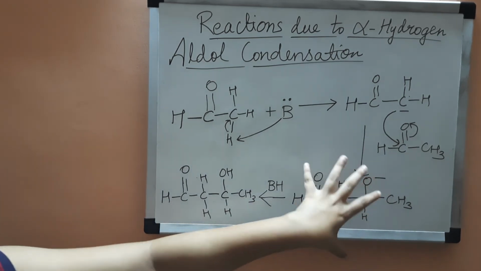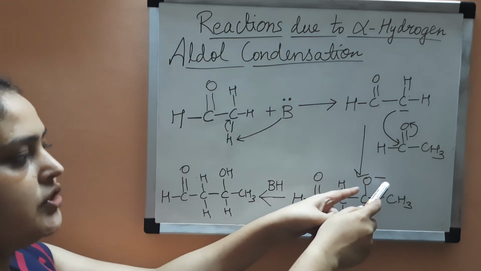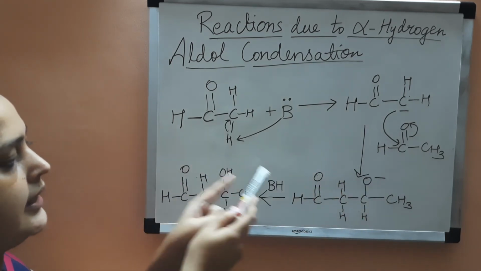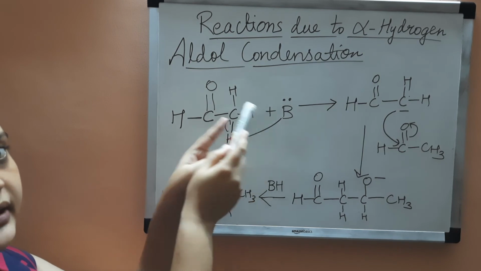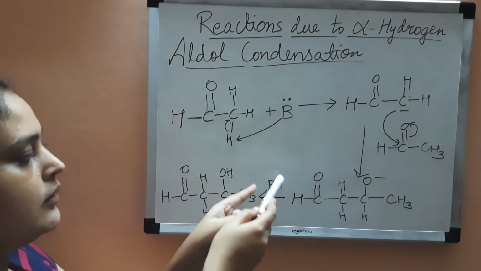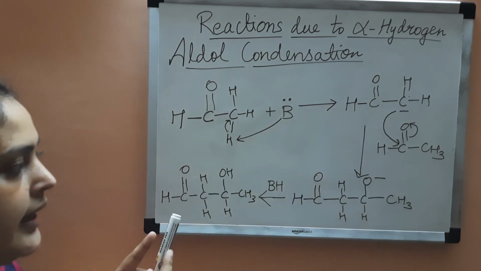Now this oxygen atom with negative charge will abstract a hydrogen atom from the base which had earlier abstracted the hydrogen atom. So that hydrogen atom will get attached to the oxygen atom again.